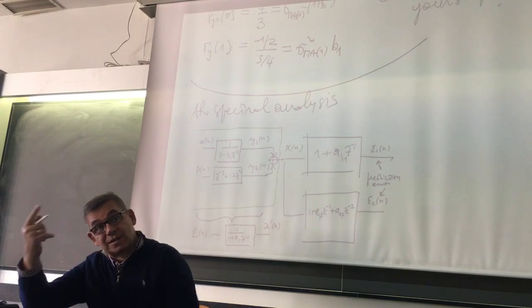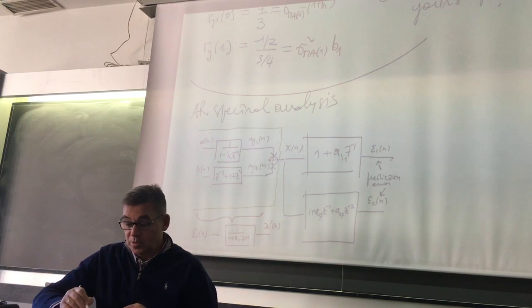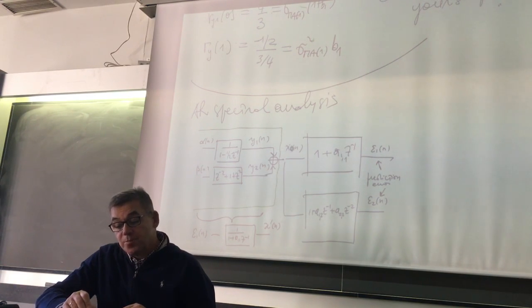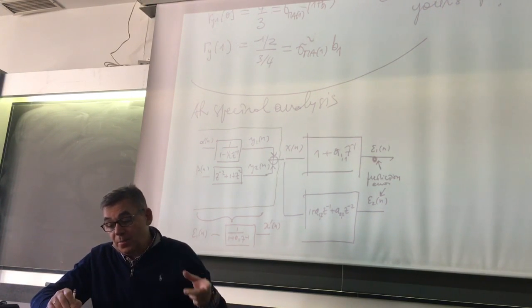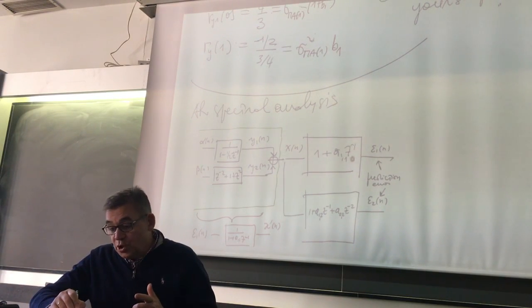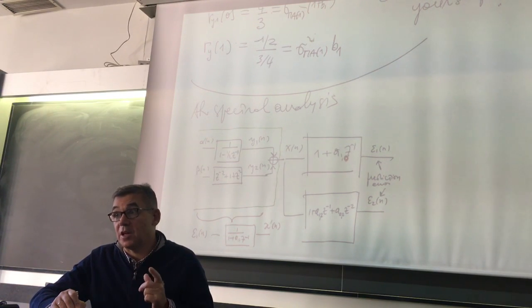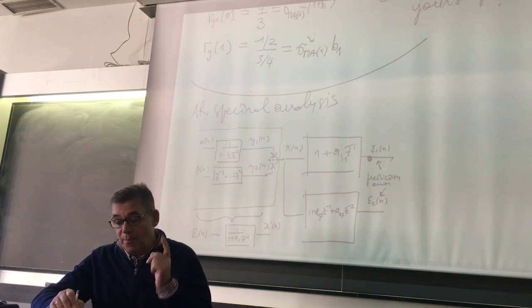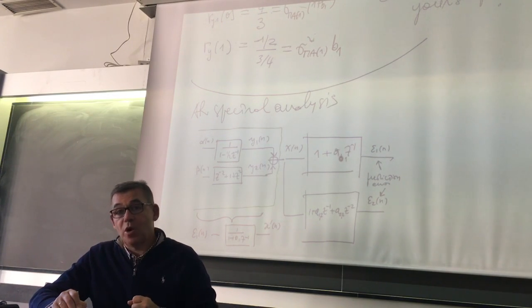Equivalently, rather than model this, I apply to Xn a linear predictor such that I make the prediction error as small as possible, by searching for the optimal linear predictor, optimal in the minimum mean square error sense. By searching for the optimal linear predictor, I get as the solution A11.